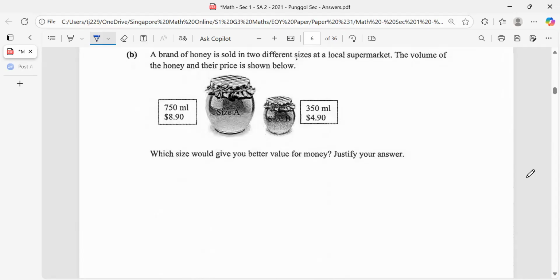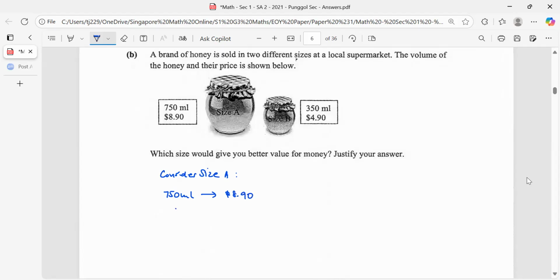Better value for money means you don't pay as much, but you get the same amount of volume of honey. So let's consider size A. We have 750 milliliters being sold for $8.90.